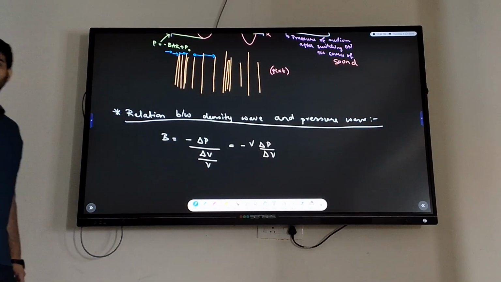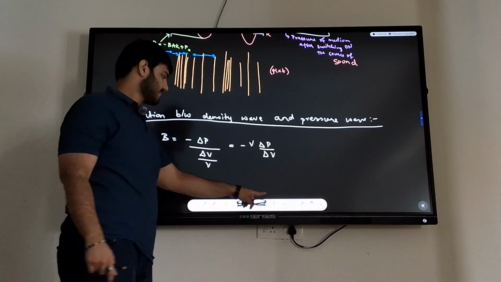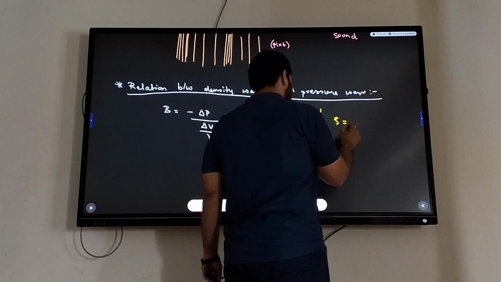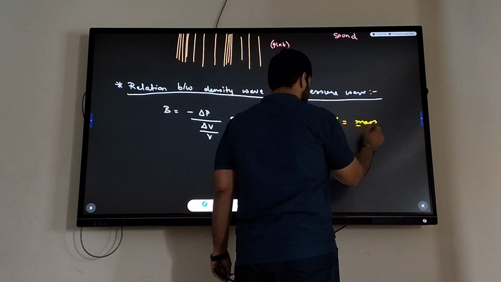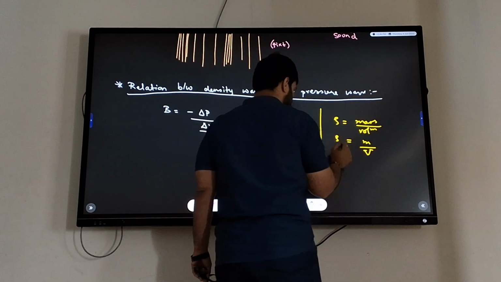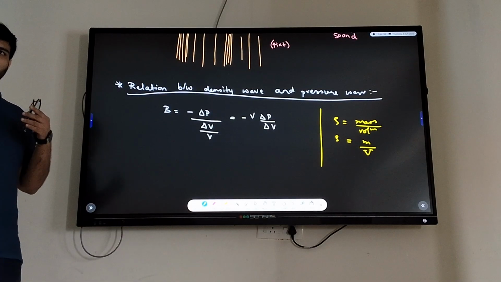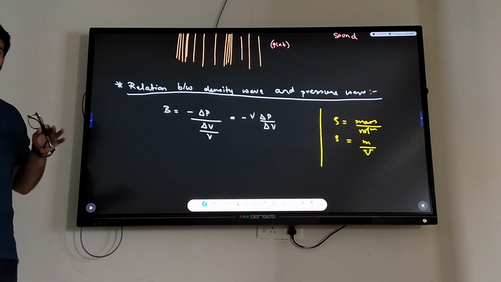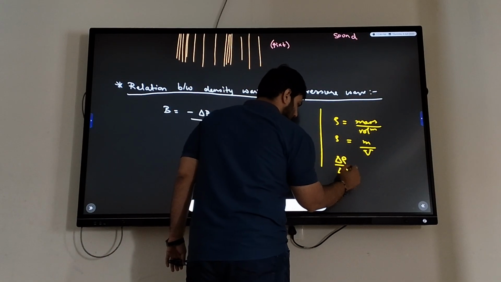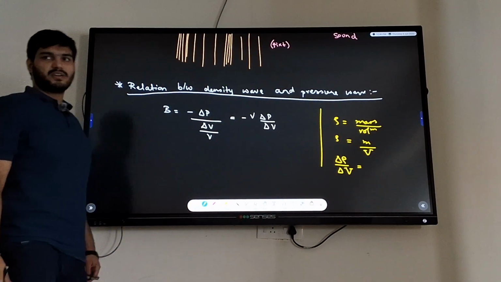अब we will try to relate this volume with density. So what is the relation between them? What is density equal to? Mass divided by volume. I will write this delta, but keep in mind that it's basically differentiation, it's d. If I write d rho by dV, what is this equal to? What is the derivative of 1 over x?